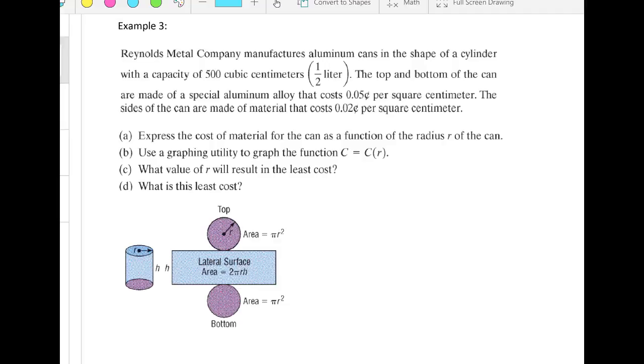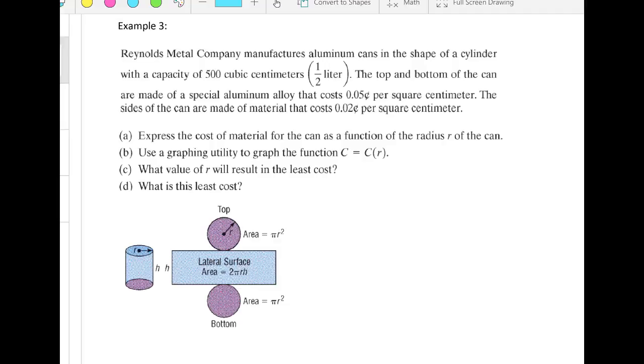The top and bottom of the can are made of some special aluminum alloy that costs 0.05 cents per square centimeter. So that's not 5 cents, okay? It's 0.05 cents per square centimeter. The sides of the can are made of material that costs 0.02 cents per square centimeter.